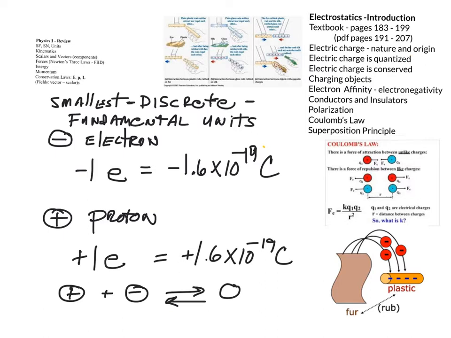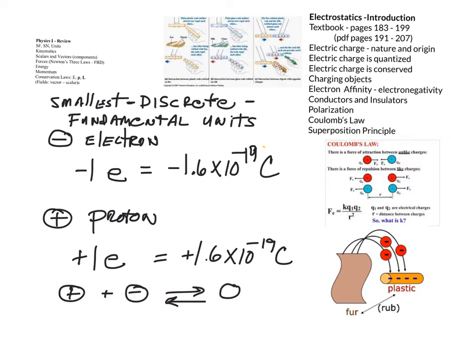The fact that electric charge is conserved, remember conservation of energy, we used to say energy can't be created or destroyed, it just transforms from one form to another, right? Like kinetic energy becomes potential, or you drop a ball and potential energy becomes kinetic. That concept is very important, the conservation concept. And in the case of electric charge, the statement should not be that charge can't be created or destroyed, because in fact it can.